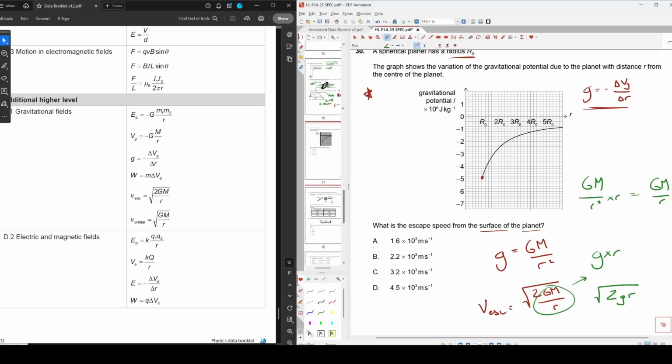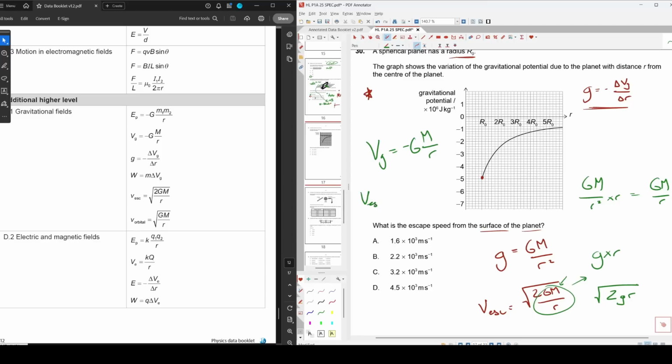I think there's a quicker way to do it, which is Vg is negative GM over r. That's pretty similar to what's going on here, right? GM over r.